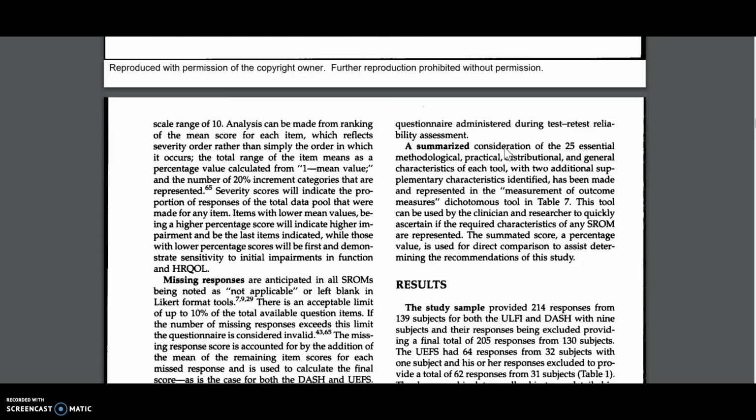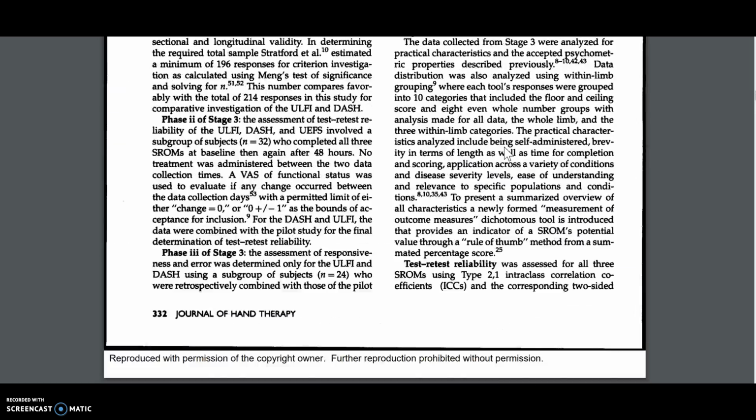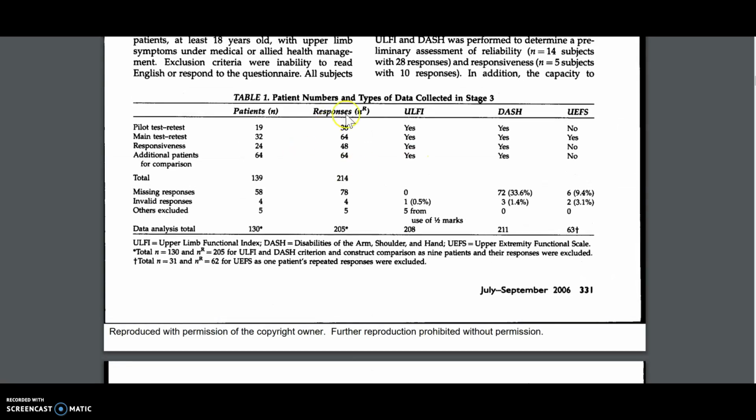This says revert to Table 1, so we can go back and look at Table 1. Table 1 was the overview of the data collected for the three outcome measures, the number of responses collected, and the number of patients. The total number of subjects looked at within this study was 139. Total responses were 214. They did a test-retest for the ULFI and the DASH, but not the UEFS.